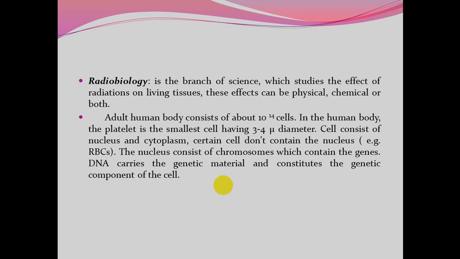The important thing is that the chromosome is present in the nucleus, and this chromosome contains the genes which have the DNA material, and the radiation will affect the DNA molecules directly or indirectly.